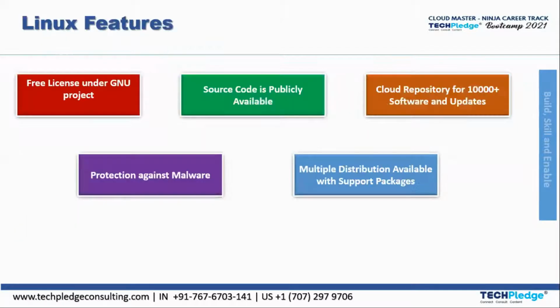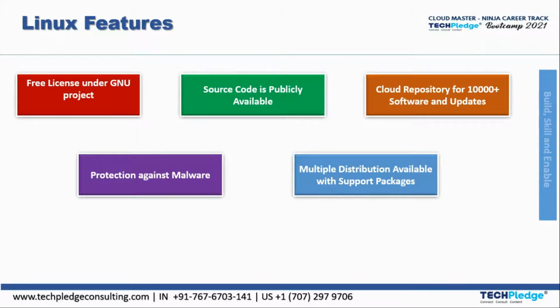So moving on to the next, what are the features of Linux? Why do we go for Linux? So first is that it has a free license under the GNU project. It is open source, that is the source code is publicly available. Now a cloud repository for 10,000 plus software and updates is available. The security feature is also there, protection against malware is done.